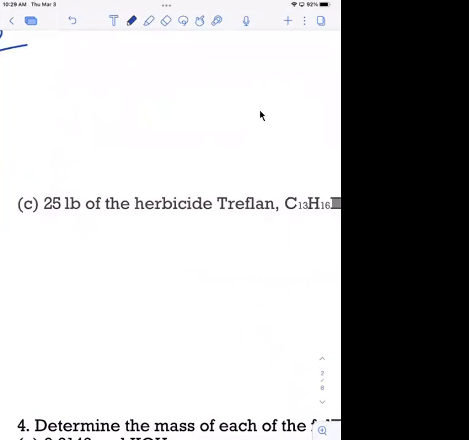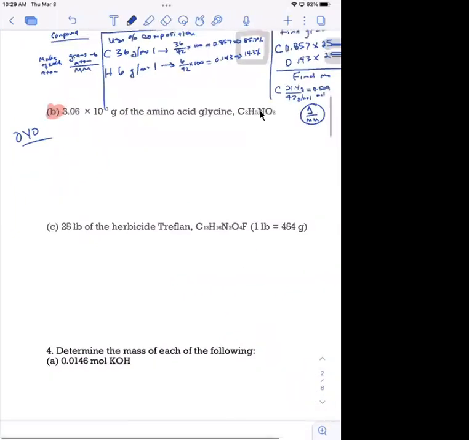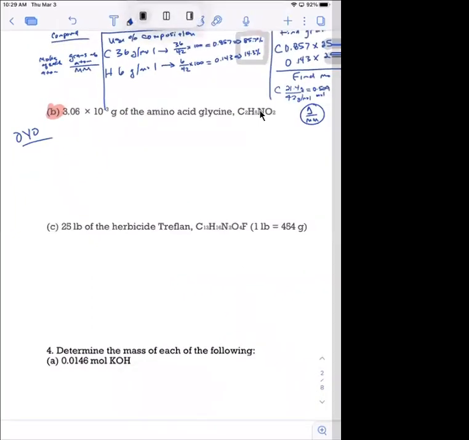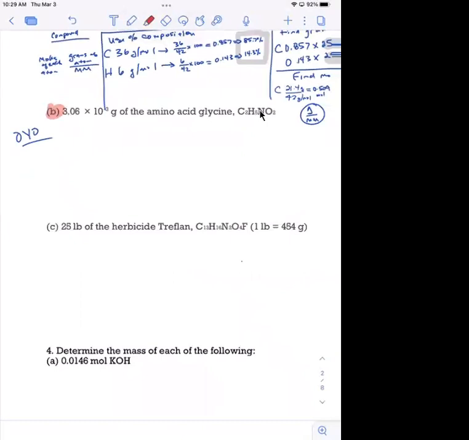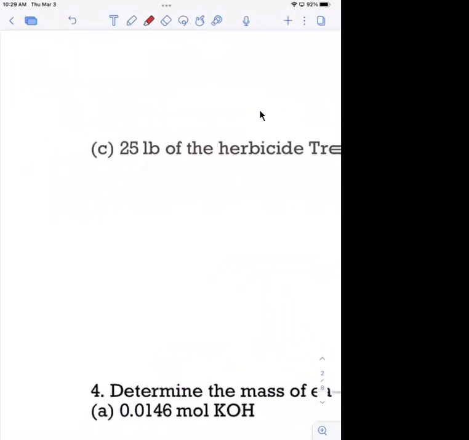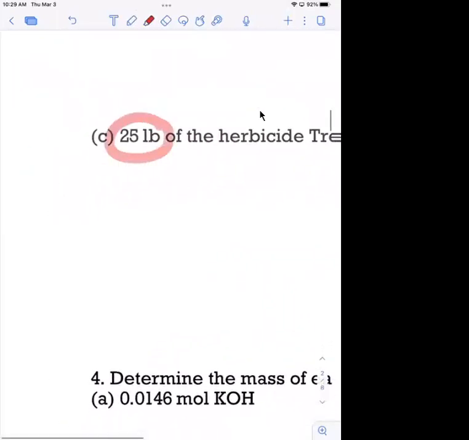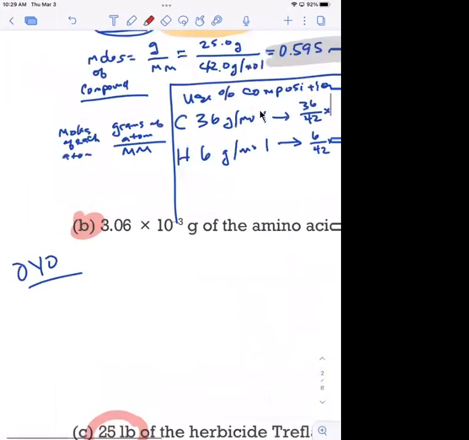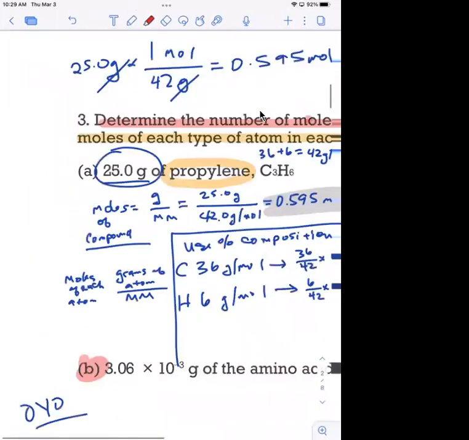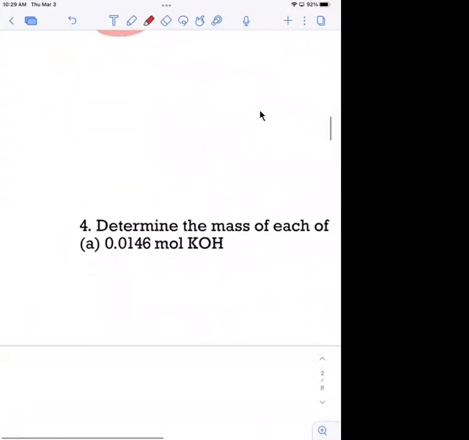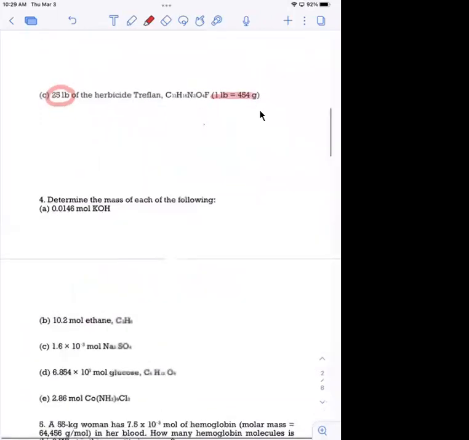It tells us over here, this is our conversion to go from pounds to grams: 1 pound is 454 grams. So let's first convert. And again, what are we looking for? The moles of the compound and the number of moles of each atom. All right, so let's do that. Let me move this because I need that room.